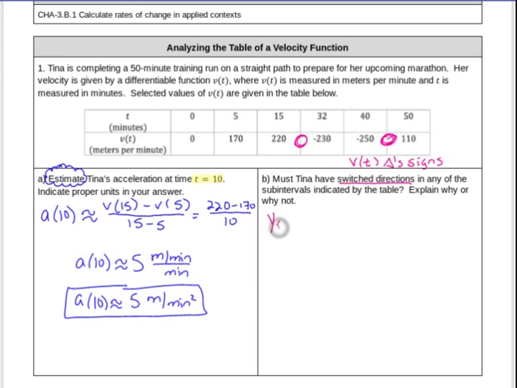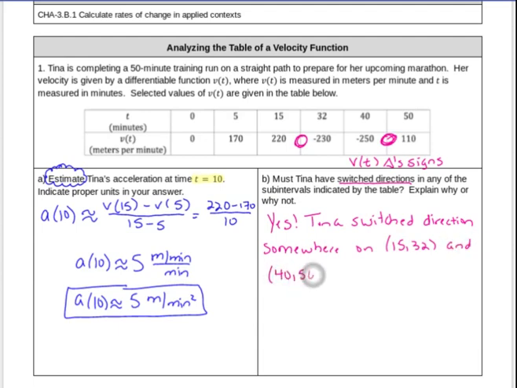So we can say yes, Tina switched directions somewhere on the interval from 15 to 32 and the interval from 40 to 50.